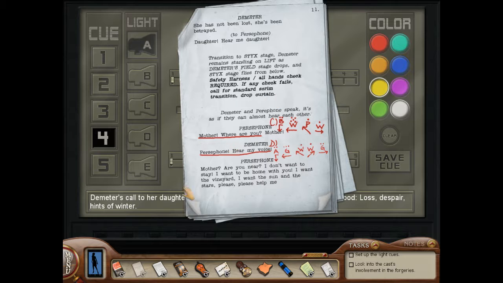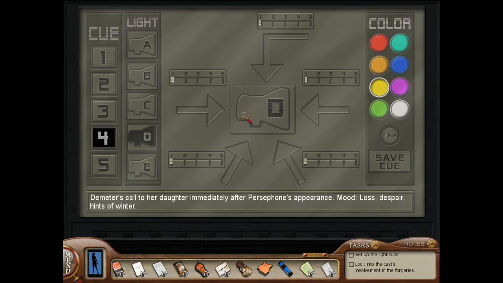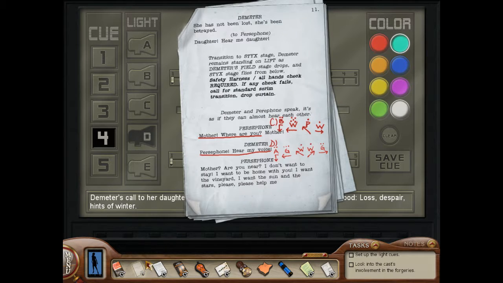Okay, so Demeter's called her daughter. So this one is going to be the D. So aqua down left here, D. Aqua is left and down 2. Left and down 2. White is left and right. Right?